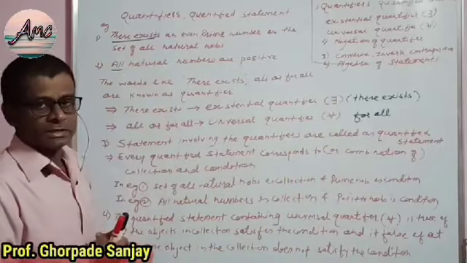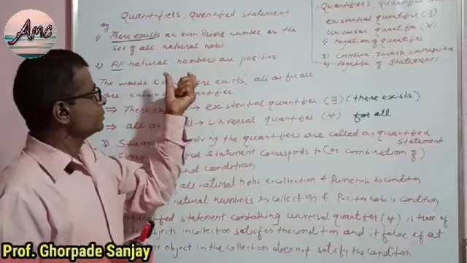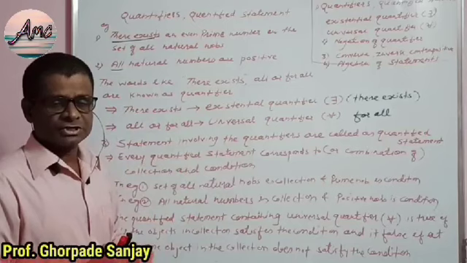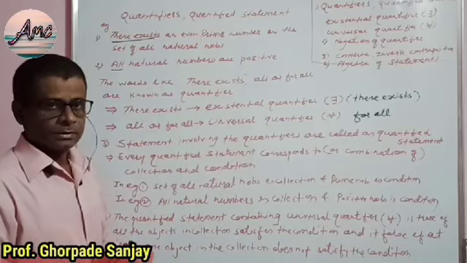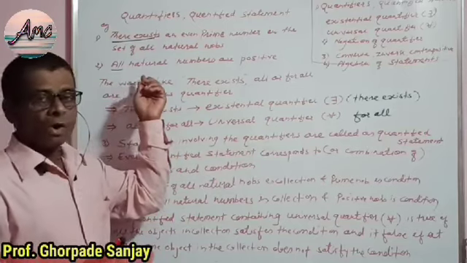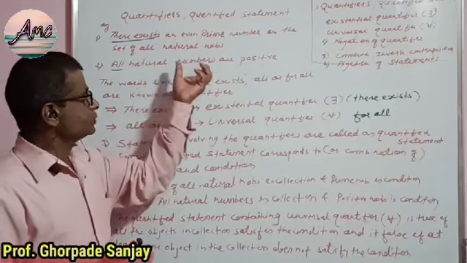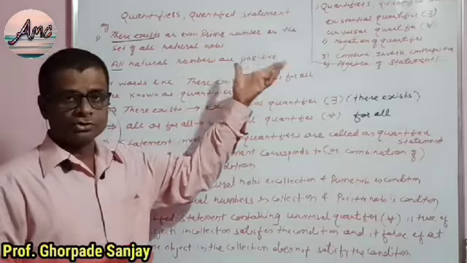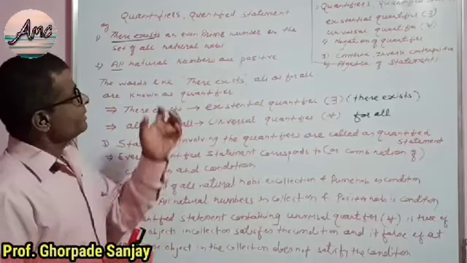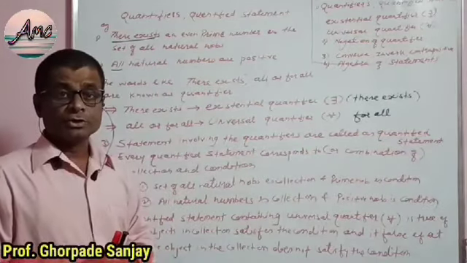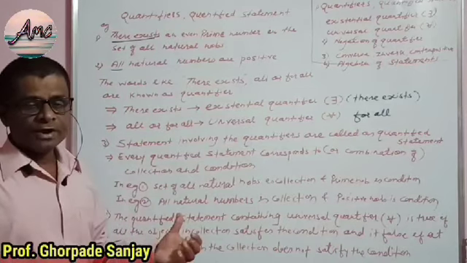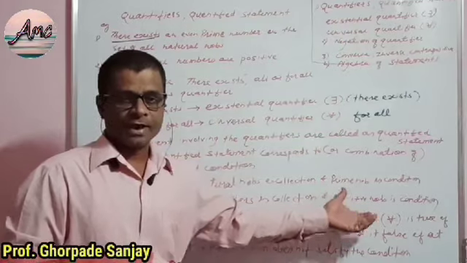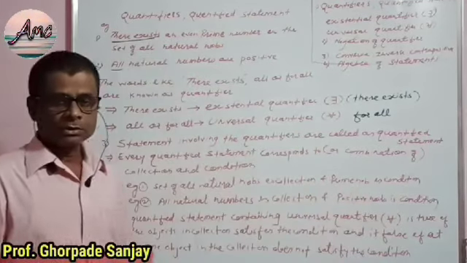Whereas if you see the second example, all natural numbers are positive. In this case, what is the collection? All natural numbers. And what is the condition? Positive number.